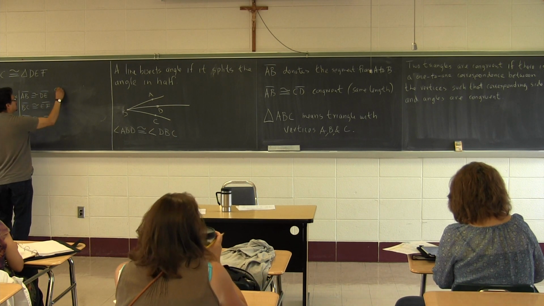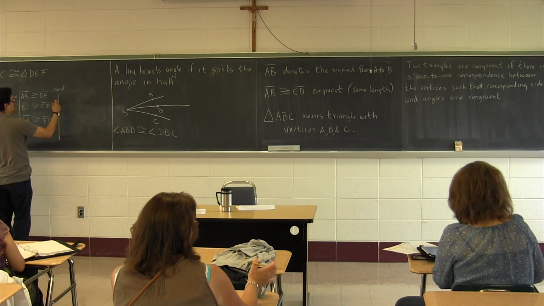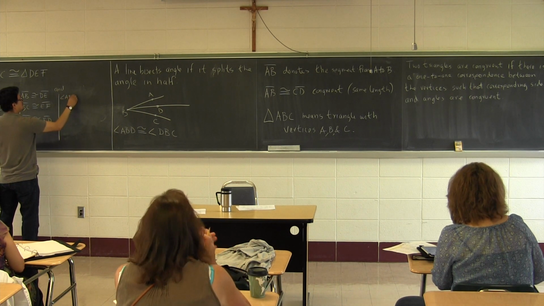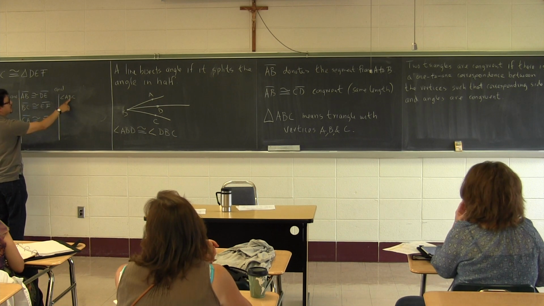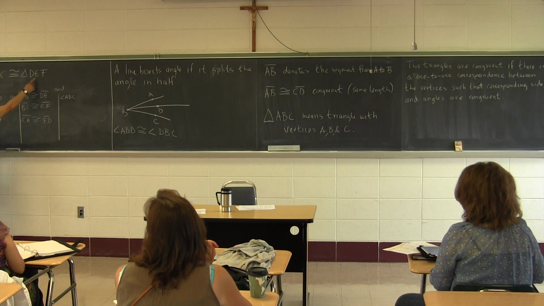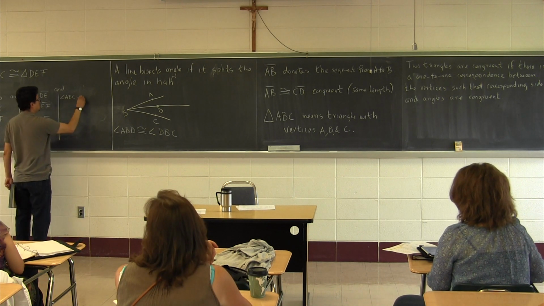And the angle ABC, so the angle with vertex B, because B corresponds to E, is congruent with the angle with vertex E over here.